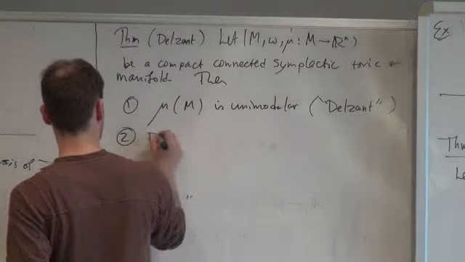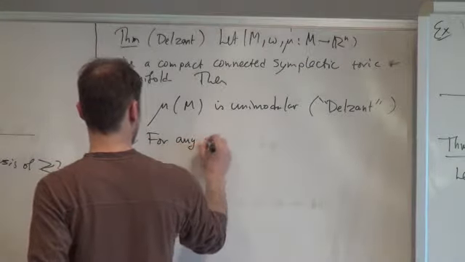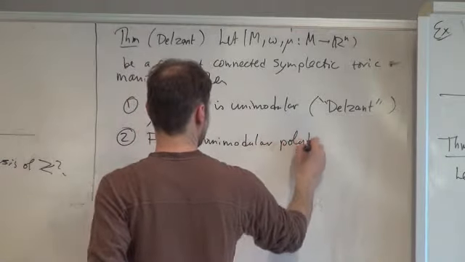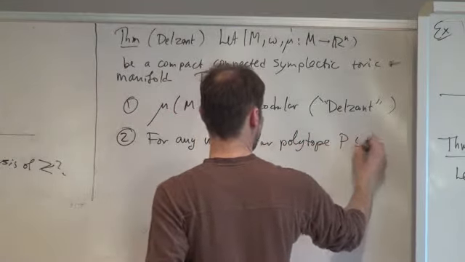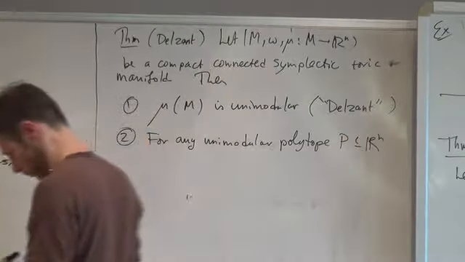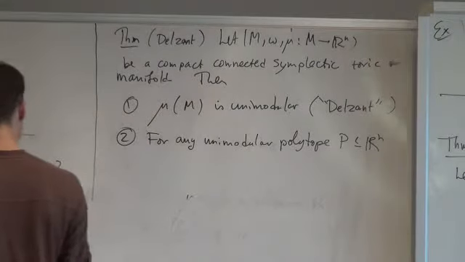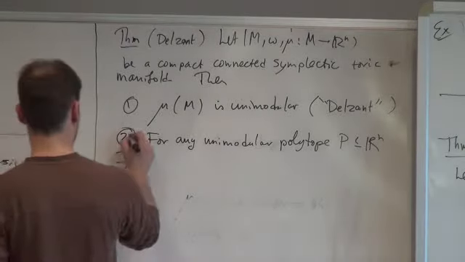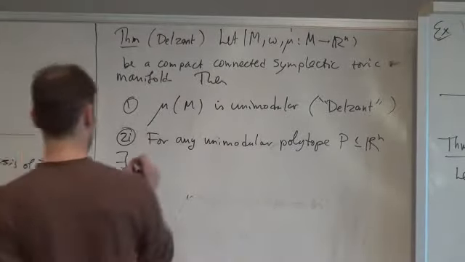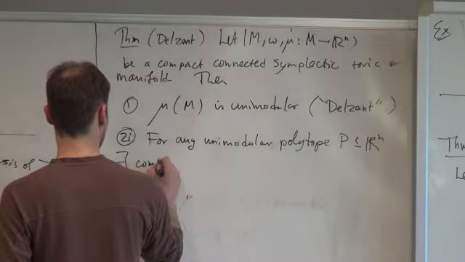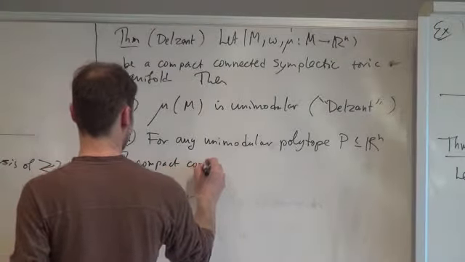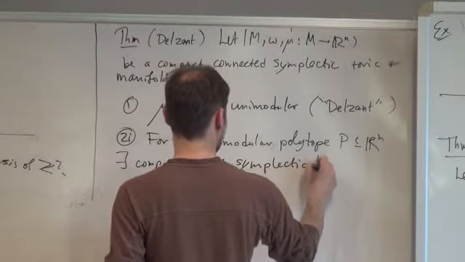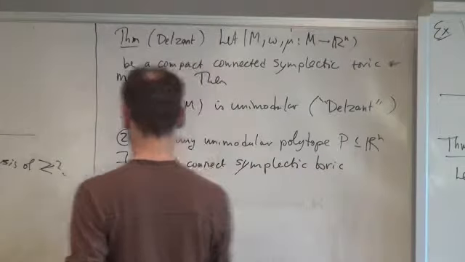For any unimodular polytope P in R^n, there exists, let's do it too, there exists a compact, connected, symplectic, toric manifold.